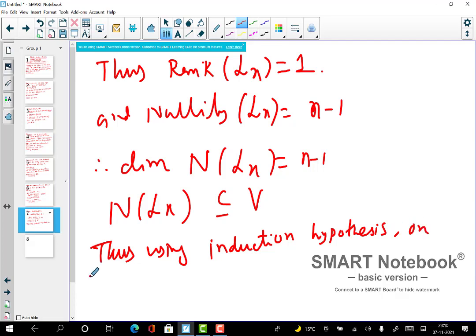So we will use the induction hypothesis on the map, where you restrict h to the null space of Lx. Let me write down the name, say N, to reduce our work.